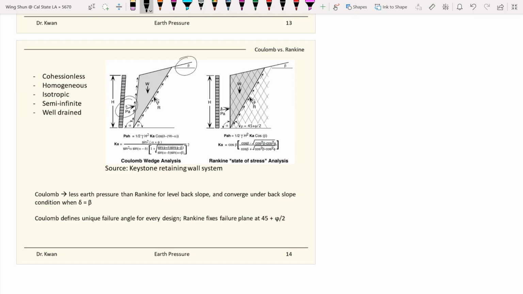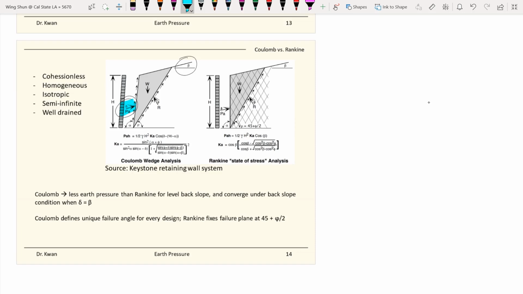Another key difference, as we mentioned before, is that the Coulomb method does recognize there is friction between the wall and the soil, while Rankine doesn't look at it.